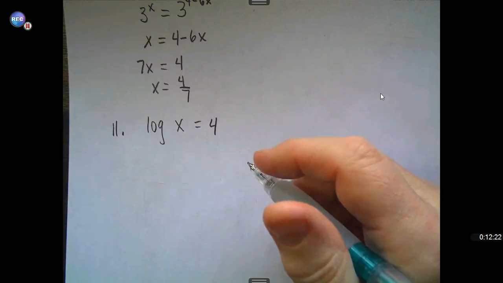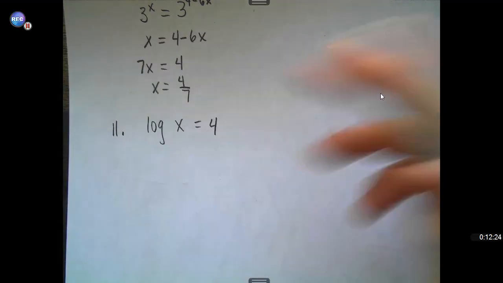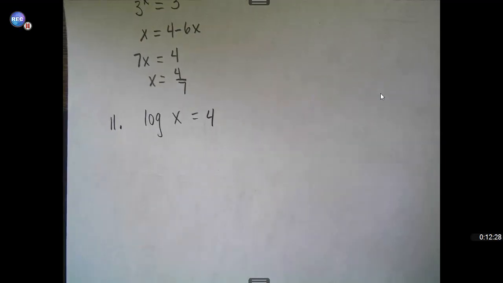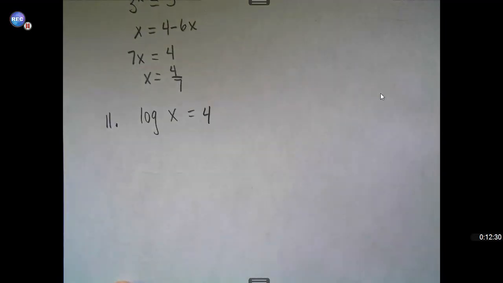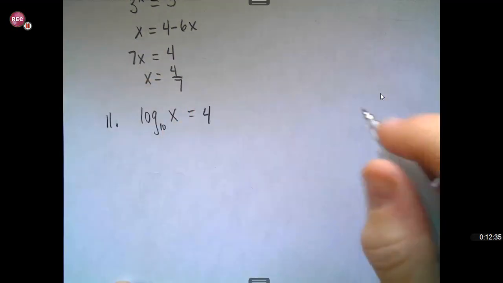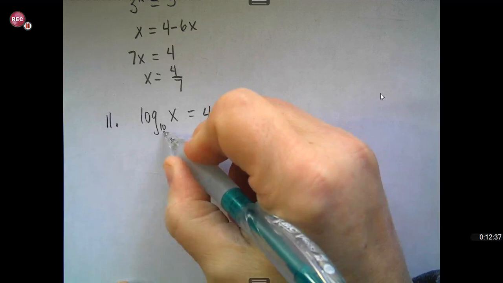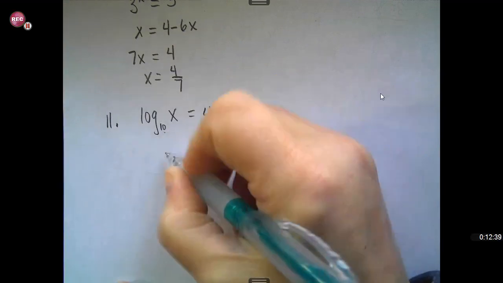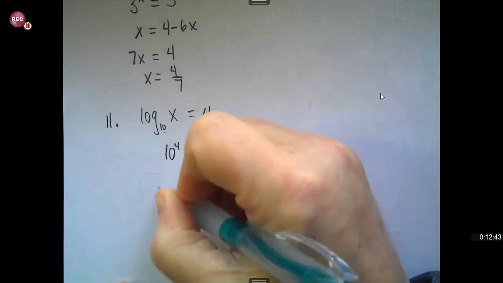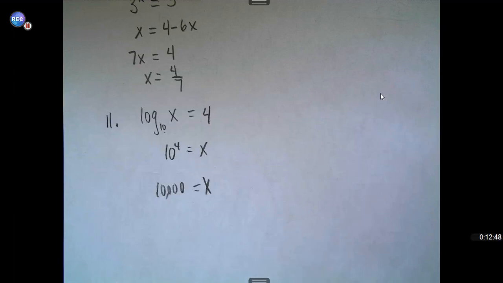So this, I just need to apply the rule for moving it from logarithmic form to exponential form. Remember, if there's nothing written here, it's understood to be 10. And so the base to this power equals x. So that is 10,000.